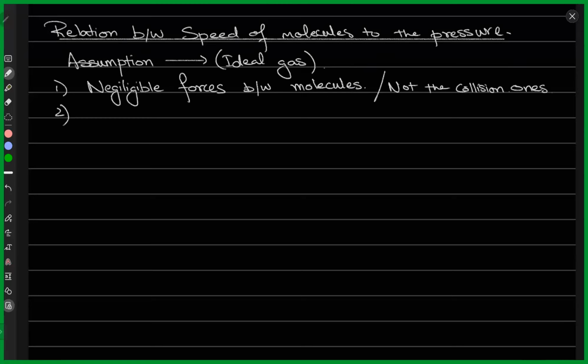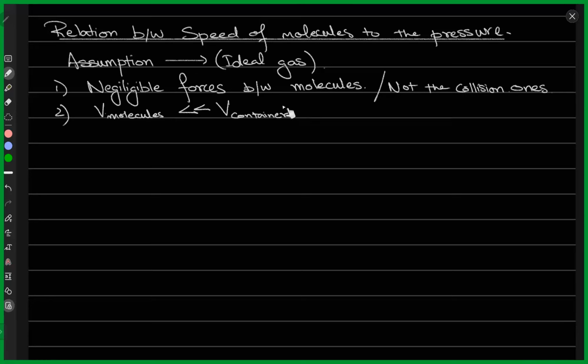The next assumption would be that the volume of these molecules is so small compared to the volume of the gas. So how do I write it? I'll say the volume V of molecules is very, very small compared to the volume of the container or the box, right?